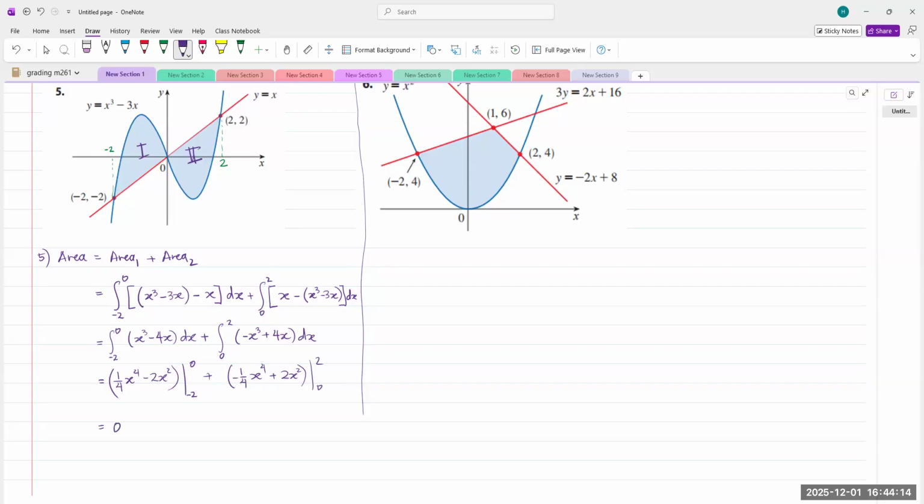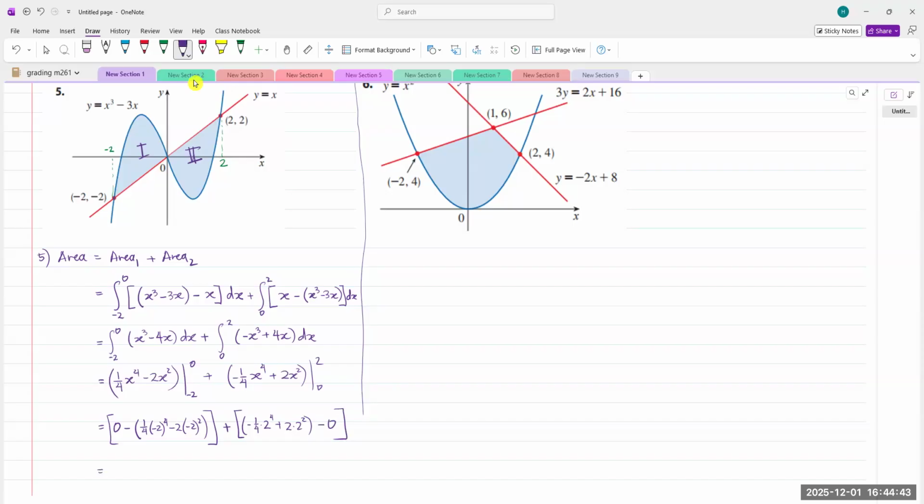This will be 0 minus, for the first group, 1/4 times -2 to the 4th minus 2 times -2 squared. And then the second group, that's -1/4 times 2 to the 4th plus 2 times 2 squared minus 0.